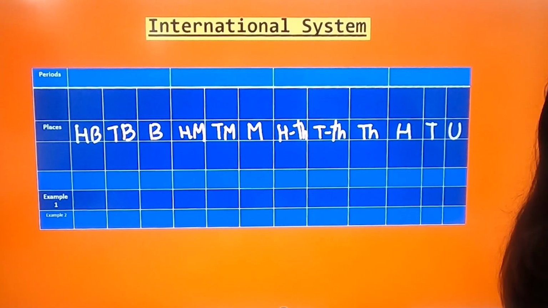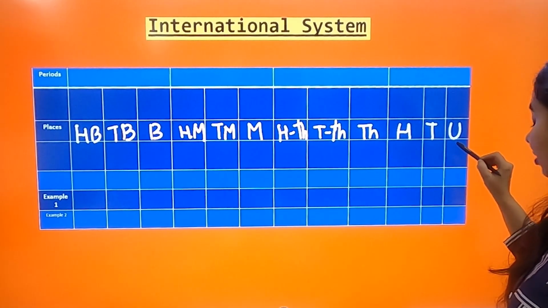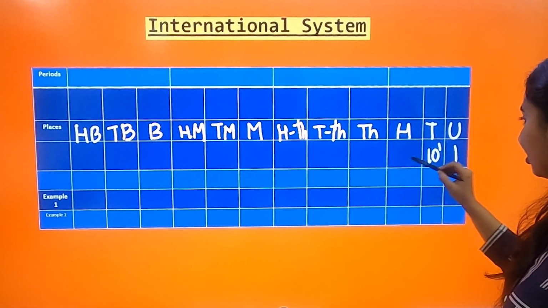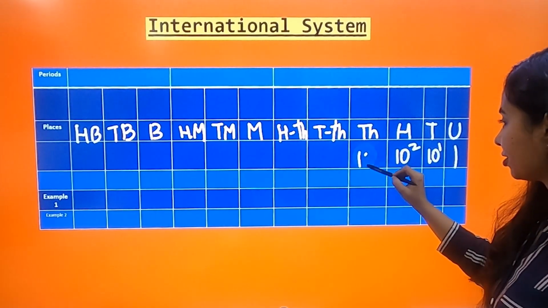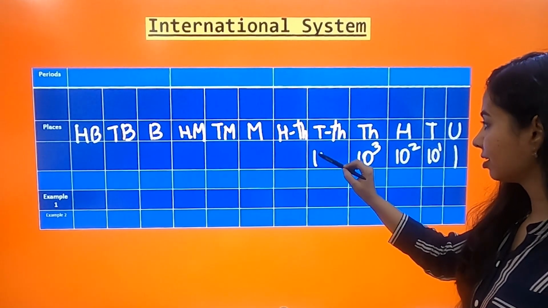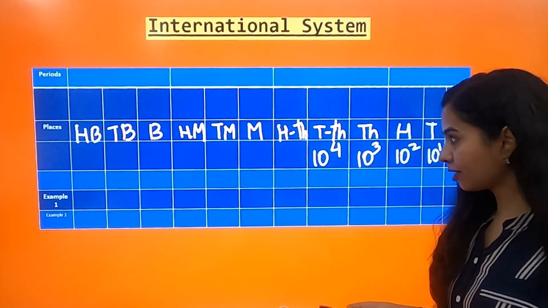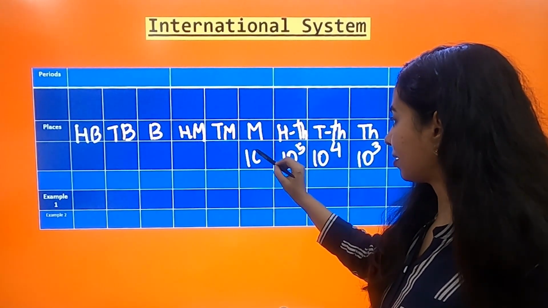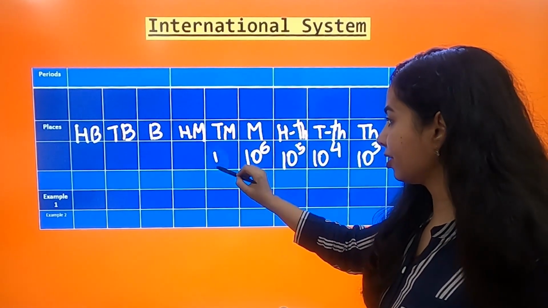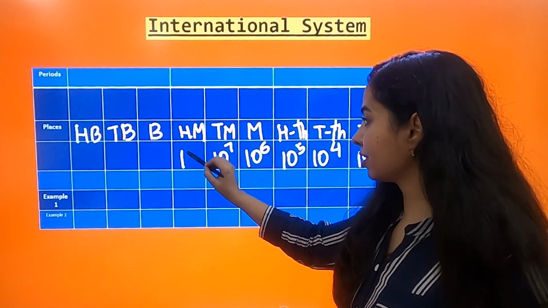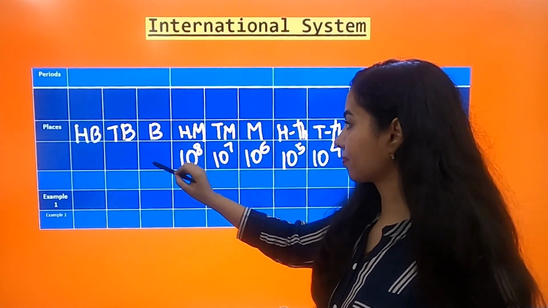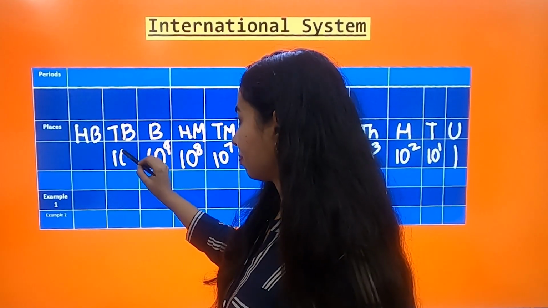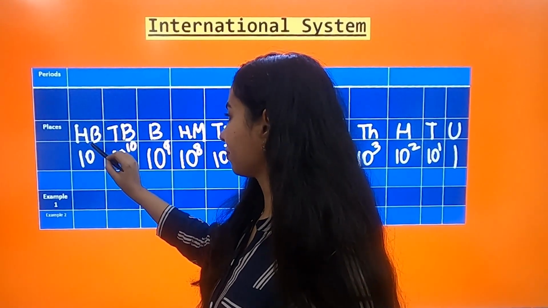The digits are getting multiplied. It's 10 raised to the power 1. 10 raised to the power 2, that's 100. 10 raised to the power 3, that's 1000, 3 zeros. 10 raised to the power 4, 10,000, 4 zeros. 10 raised to the power 5, 5 zeros. 10 raised to the power 6, 6 zeros. 10 raised to the power 7, 7 zeros. 10 raised to the power 8, 8 zeros. 10 raised to the power 9, 10 raised to the power 10, 10 raised to the power 11.